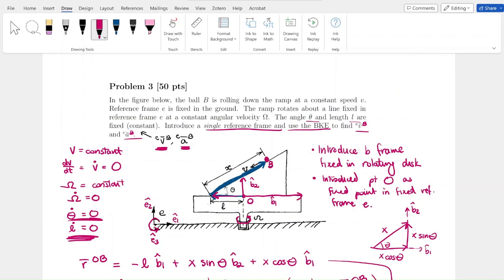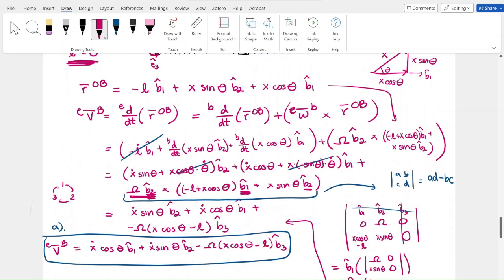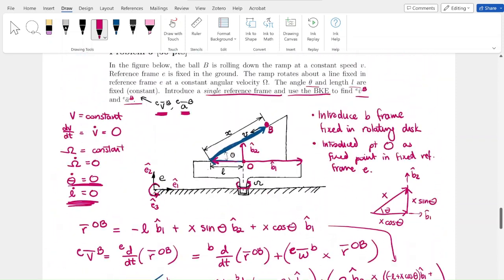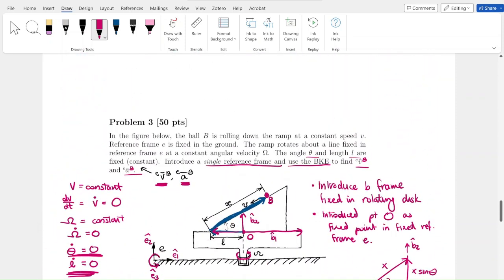Okay, so I know we just found the velocity, but something that I think is important to reference is this problem statement where it says constant speed v. So the change in x, right? So x dot is going to be equal to some velocity. In this case, because the ball is going down the hill, you'd expect x dot to be negative.